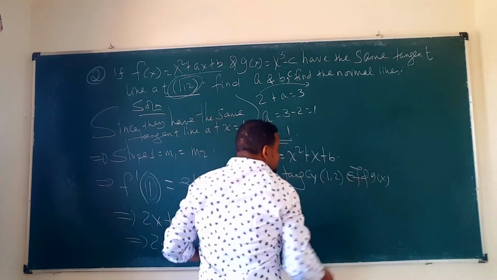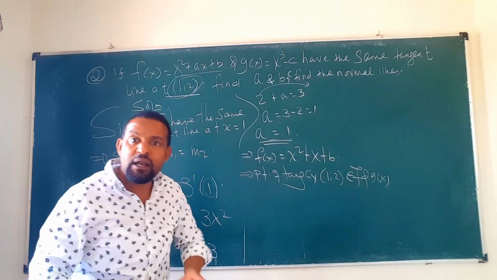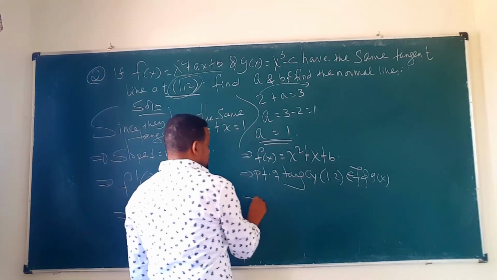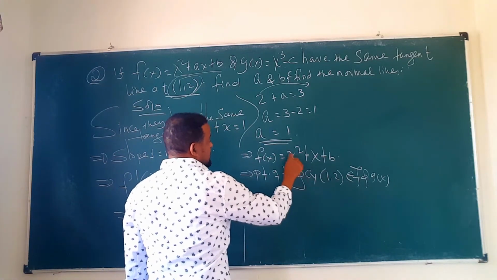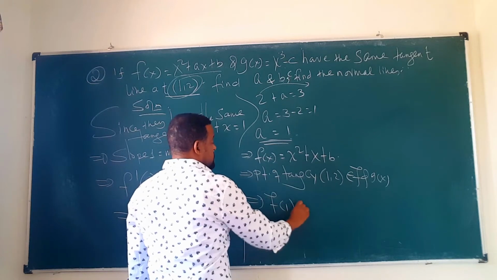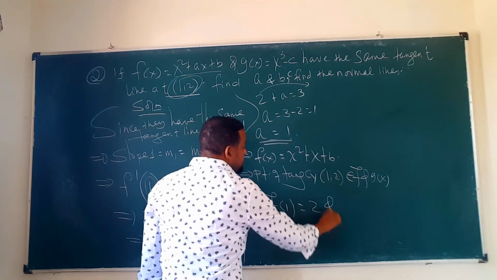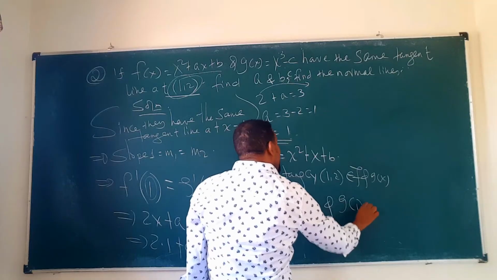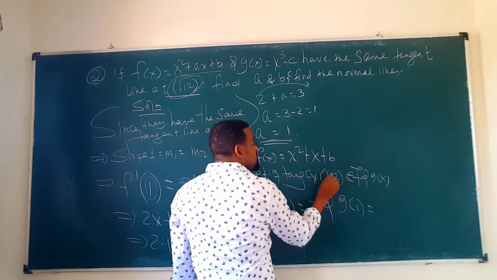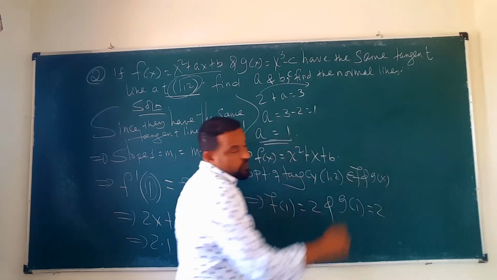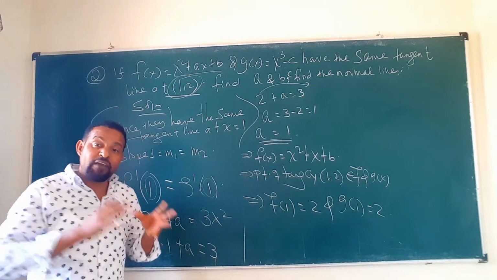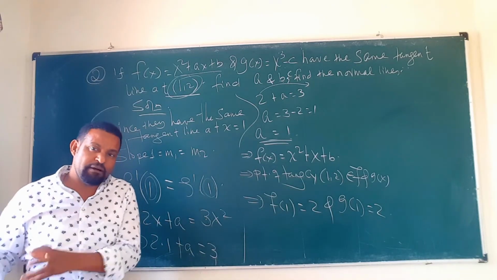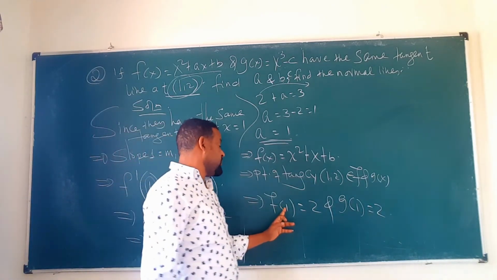So putting 1 in for x, f of 1 should be equal to 2, and at the same time g of 1 should also be 2.